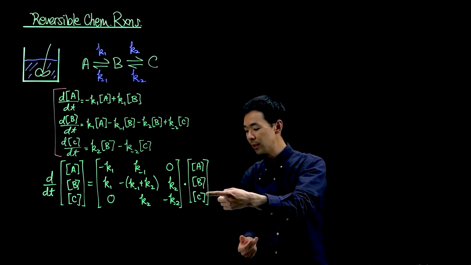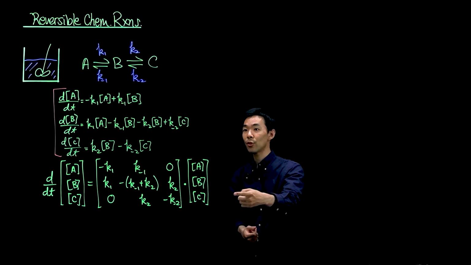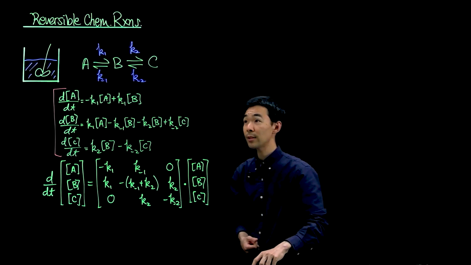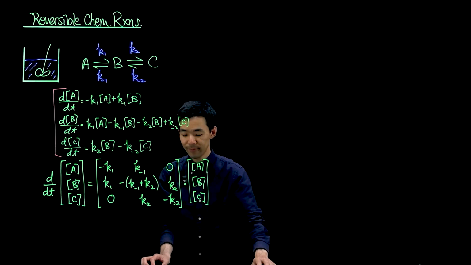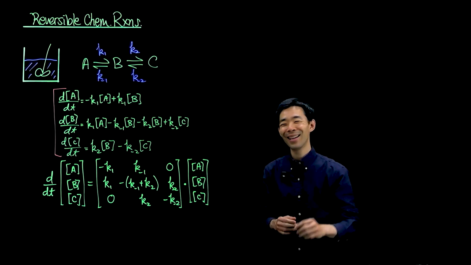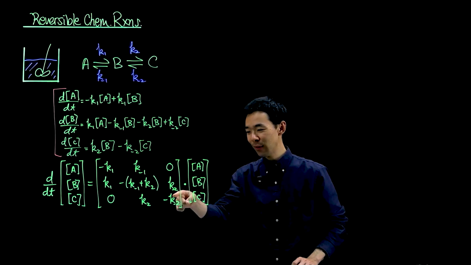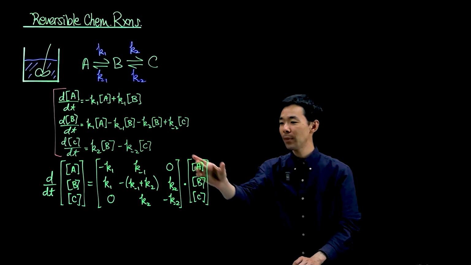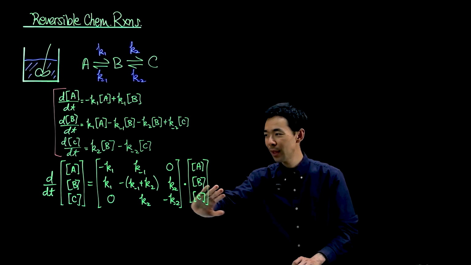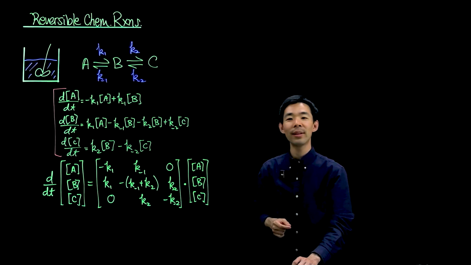So actually, this term looks like it should be minus 2. I think that's correct. I think this should be a minus 2. There we go. I'm glad we checked. We forgot that negative 2. So there we go. That's the matrix that will take the current concentration, project it onto the next time step.